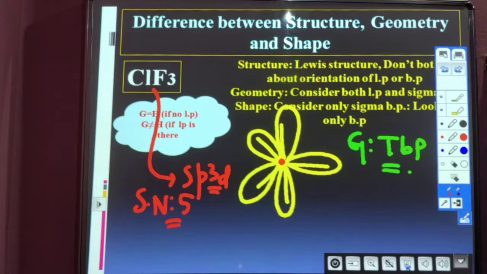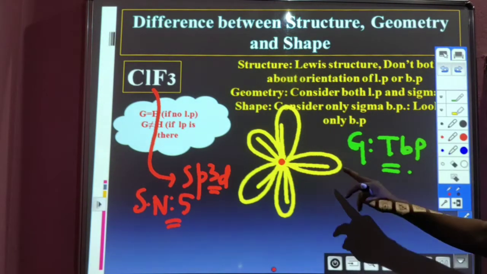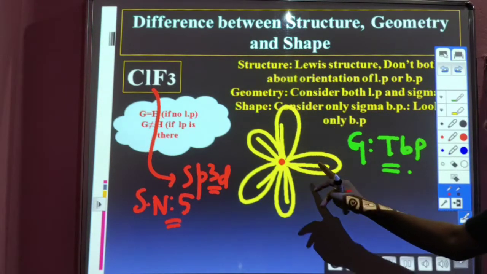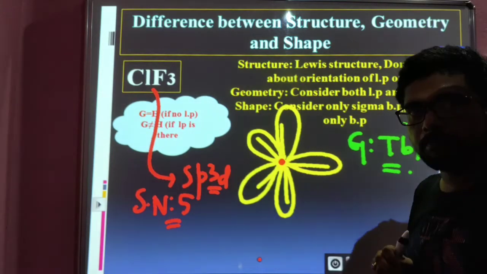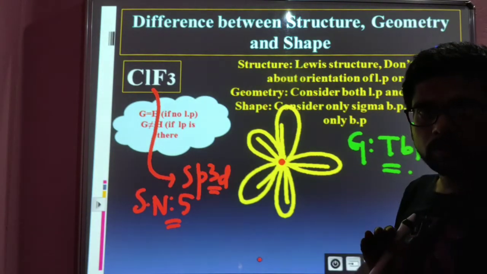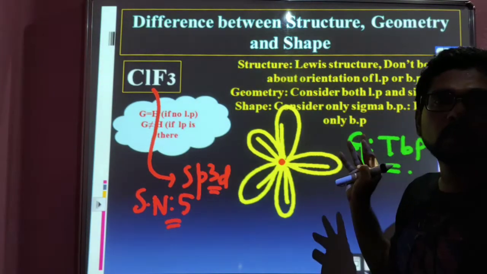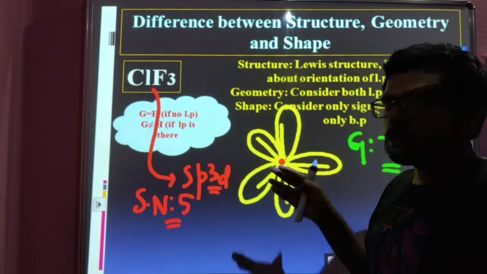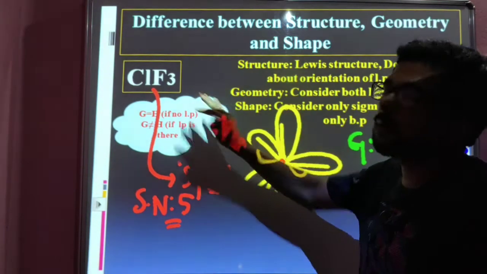Now, how about the shape? What will be the shape for ClF3? Is it trigonal bipyramidal shape? No, this is not TBP shape. Geometry or electronic geometry is TBP.